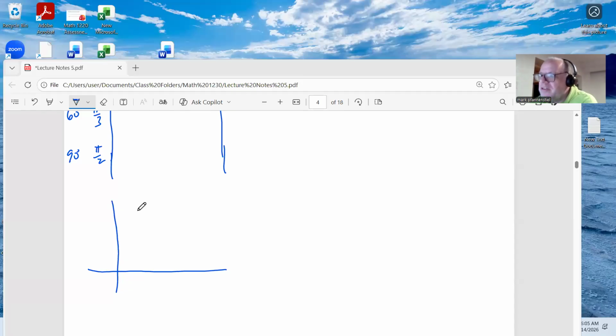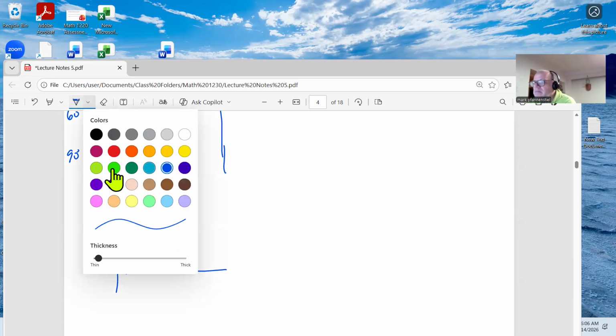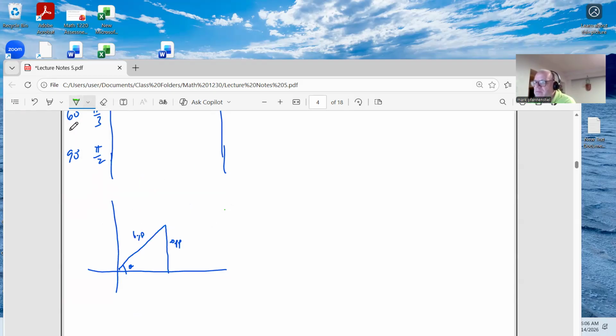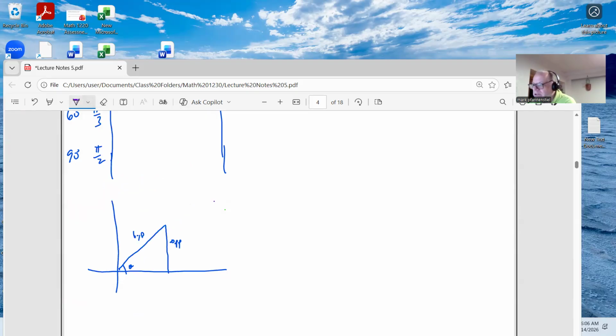So we have our triangle, and what we're going to do is pretend that we have an angle sitting here, whatever angle this is. Here's my opposite, and here's my hypotenuse. For an angle of 0 degrees, we're going to shrink this angle down.